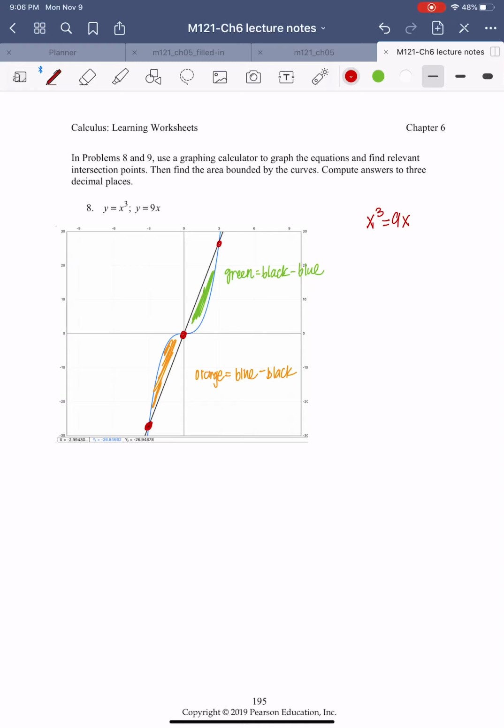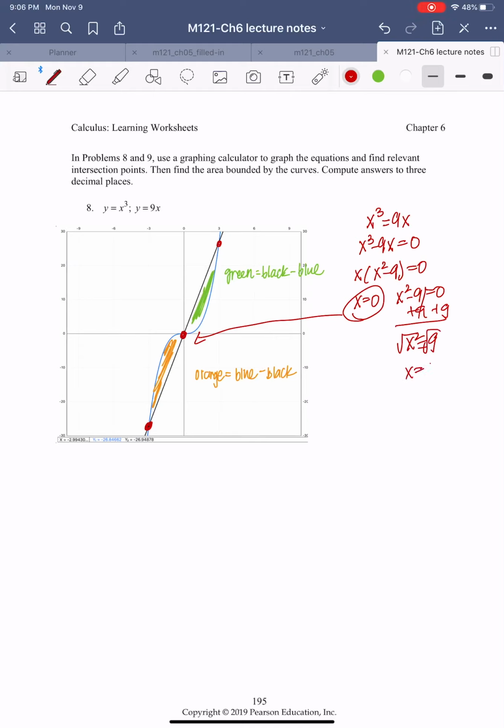Then subtract: x cubed minus 9x equals 0. Factor out x: x squared minus 9 equals 0. By the zero product property, set each factor equal to 0. One of them is x equals 0, so that's this one. Add 9, x squared equals 9. Square root, I have a positive and negative 3. So this is negative 3, 0, and then positive 3.